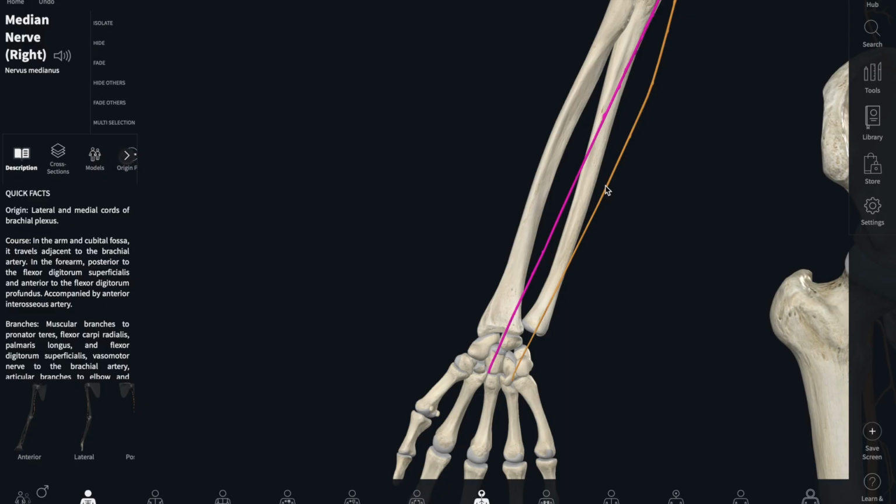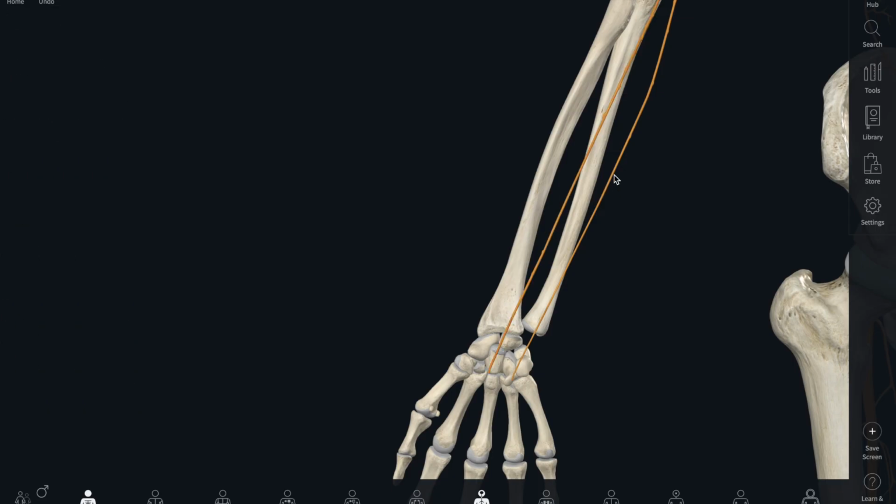It also innervates the thenar muscles and the first two lumbricals. At the wrist, this nerve passes through the carpal tunnel, making it especially vulnerable to compression. In the hand, it provides sensation to the lateral 3.5 digits, the thumb, index, middle finger, and radial half of the ring finger.